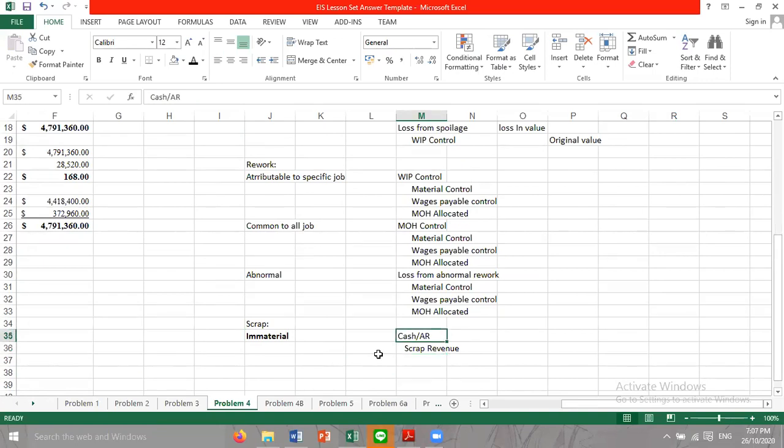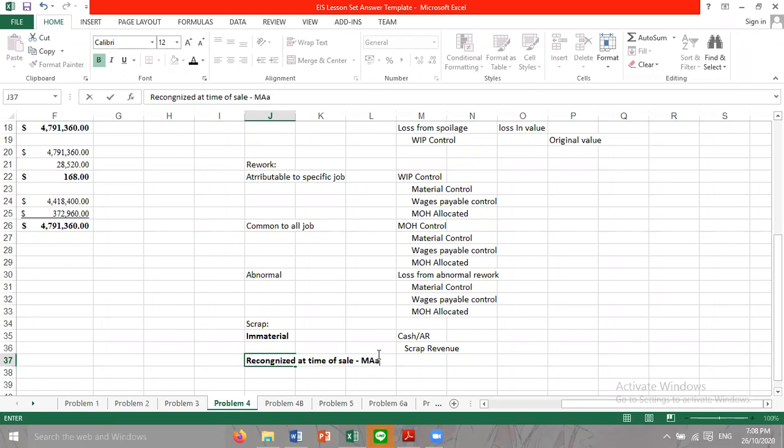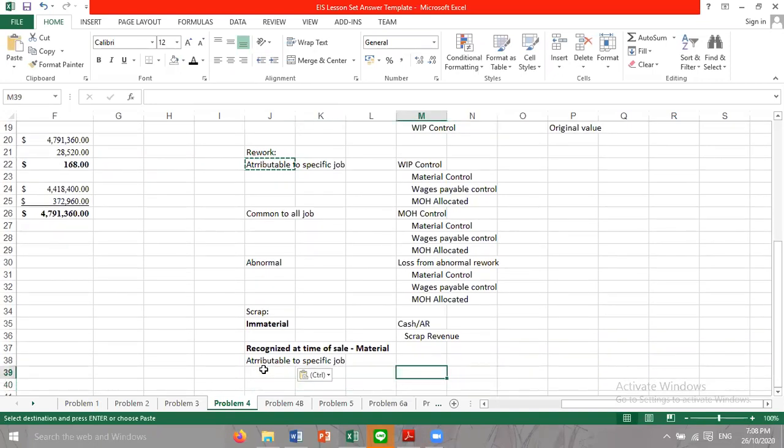However, if we use the principle of recognizing at time of sale, and in our opinion the scrap is material, there are two possible scenarios. One, if it's attributable to a specific job, we will use cash.